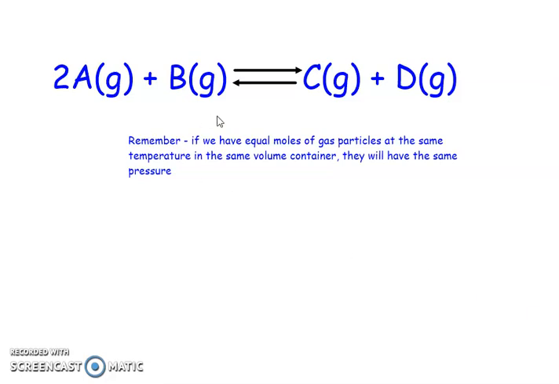So when we're looking at an equation, we want to look at how many gases are on each side. In this case, I have 2 moles of A, which is a gas, and 1 mole of B, which is a gas. So I have 3 moles of gas on the reactant side, and 2 moles of gas, 1 mole of C and 1 mole of D, on the product side.